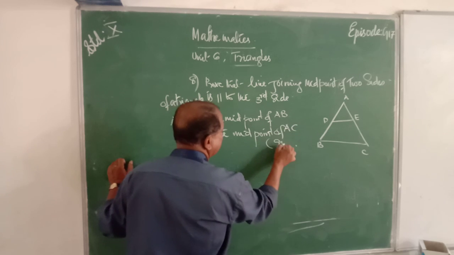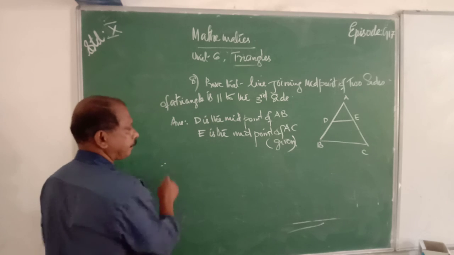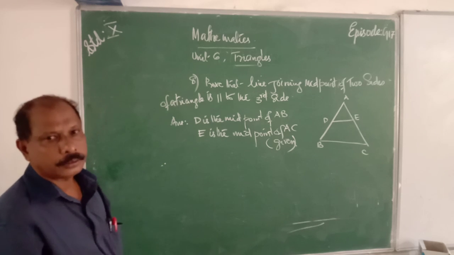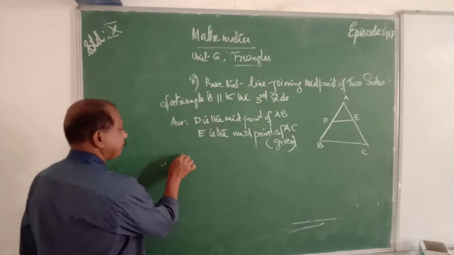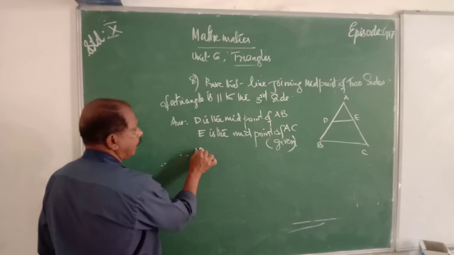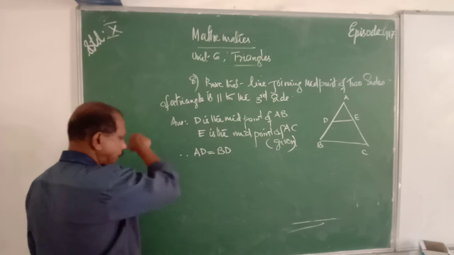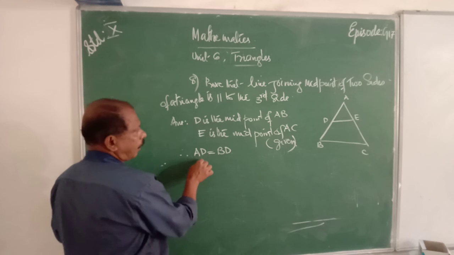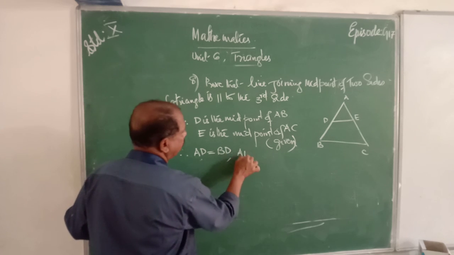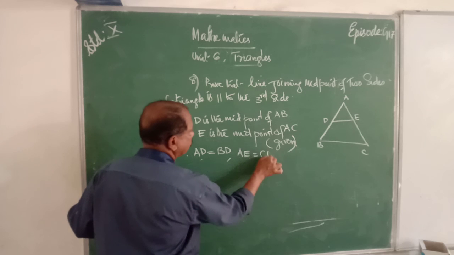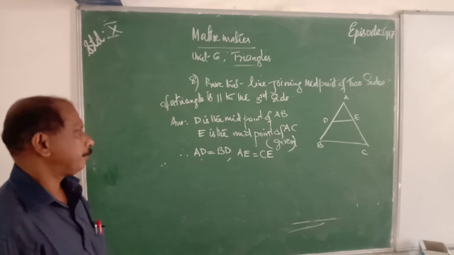These are given. Therefore, AD is equal to BD and AE is equal to CE. Okay.